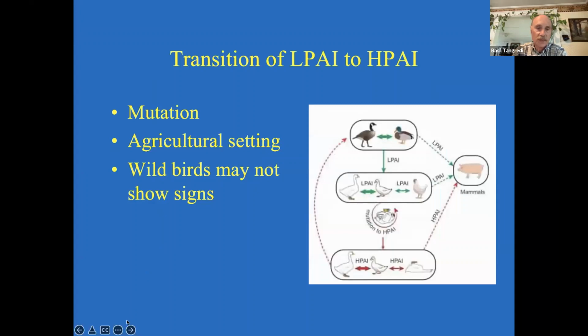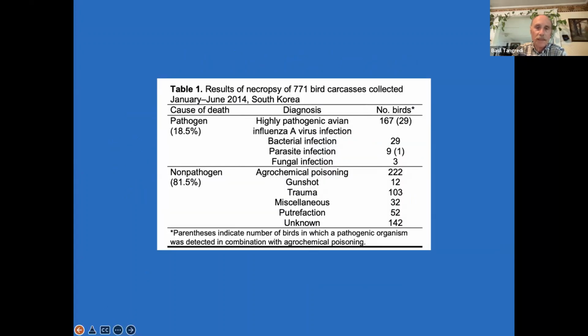And then non-pathogenic causes: agrochemical poisoning, gunshot trauma, miscellaneous, putrefaction. That just means the birds were just too decomposed to really show very much. And of course, the old unknown diagnosis.